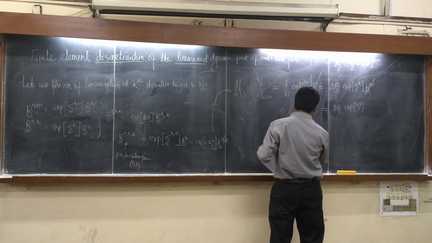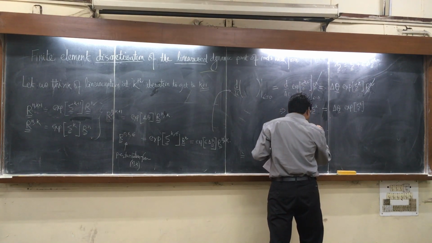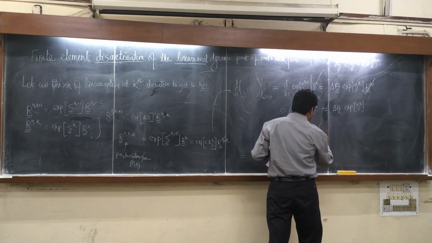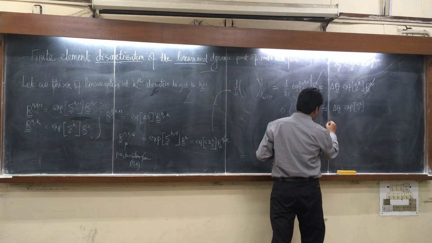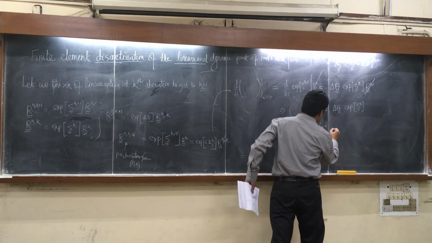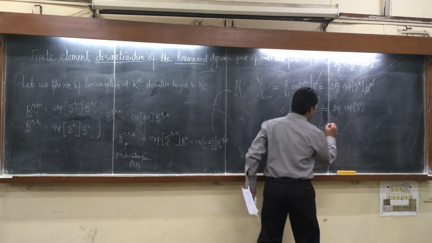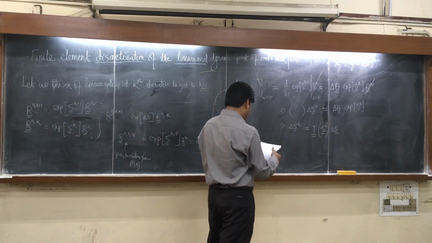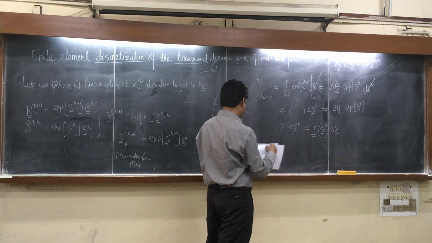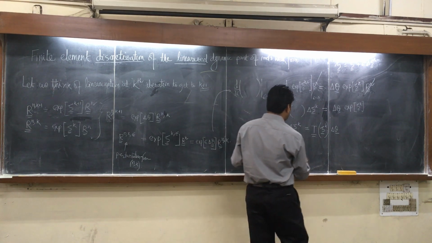And it turns out to be equal to some operator T of zeta k into delta theta. And what is that T? So that Simo has derived in this paper, of course.